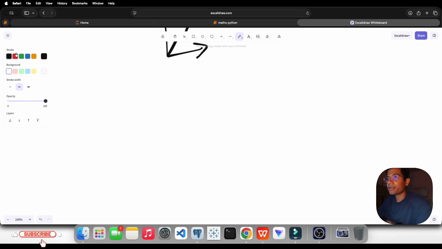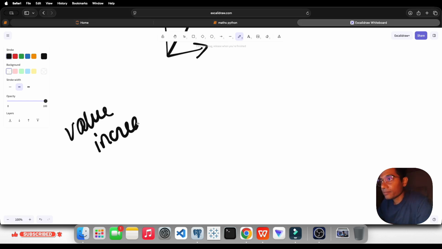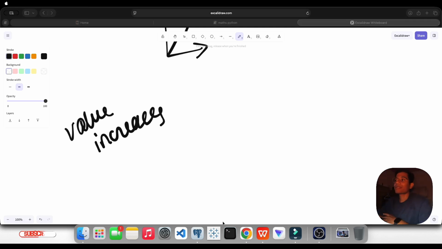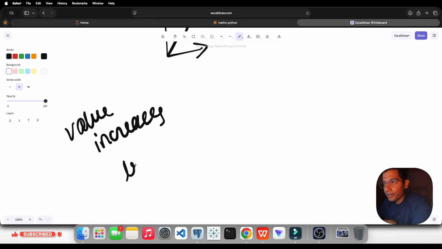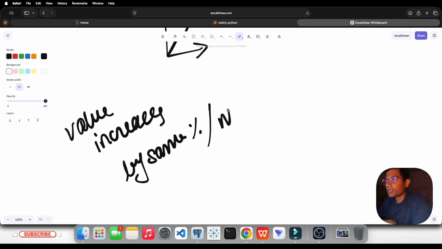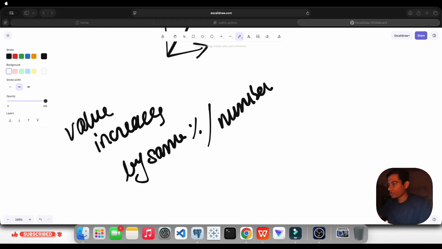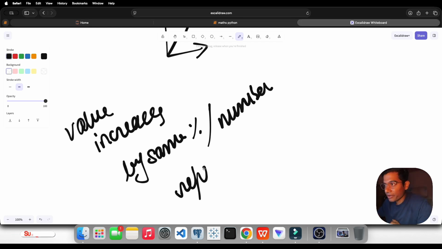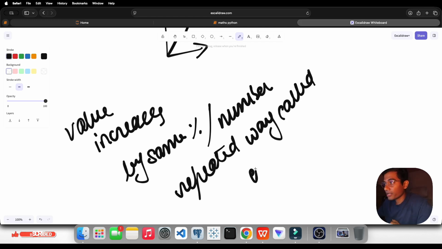Let me write it here. When the value increases, but by the same percentage, or you can say by the same number, same percentage or number, anything, in a repeated way, that is what we call exponential growth, right?